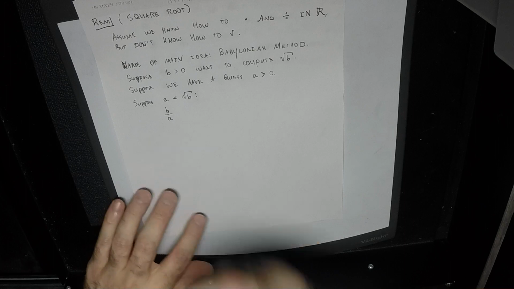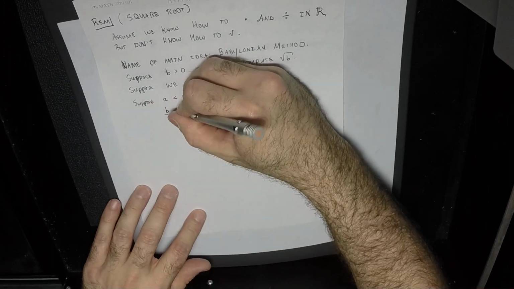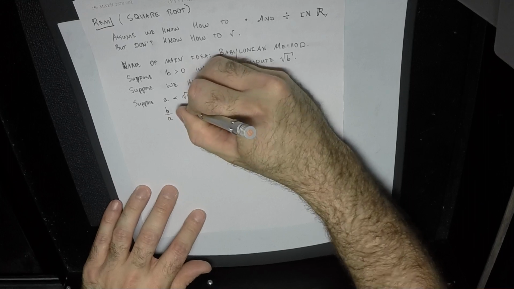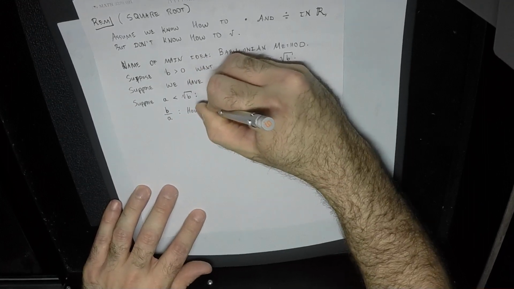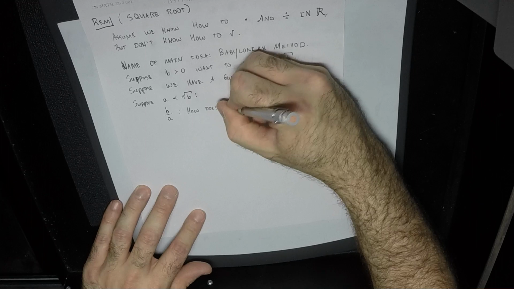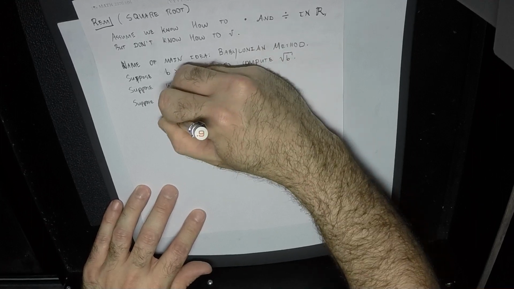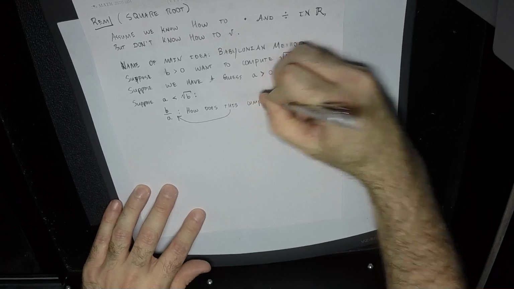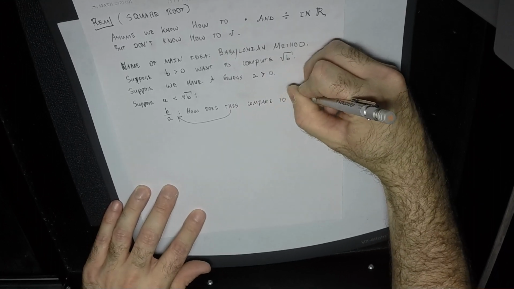We know how to compute this because division is one of the things we know. How does this compare to the square root of b?